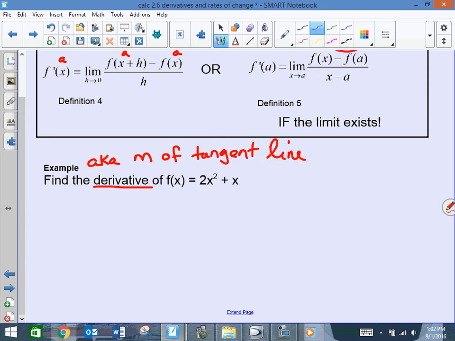Okay, we have 2 choices of equations. What are we going to use for this one? First one, which would be definition 4, or definition 5. What do you think, Kenny?